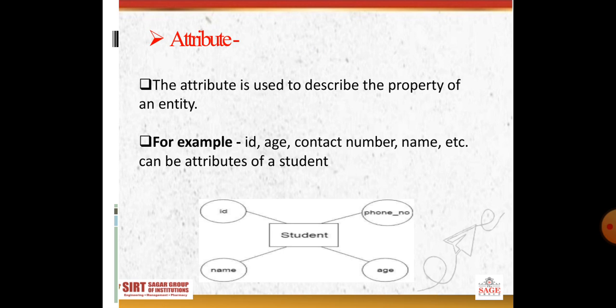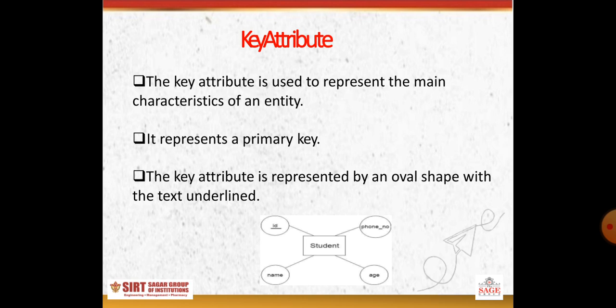To describe the property of entity, we are using attribute. For example, age, student id, contact number, name, etc. can be attribute of a student. Here in this ER diagram, attribute is represented in form of ellipse.